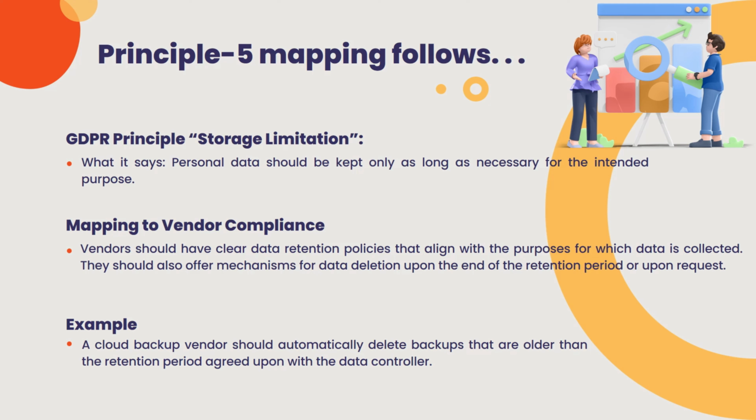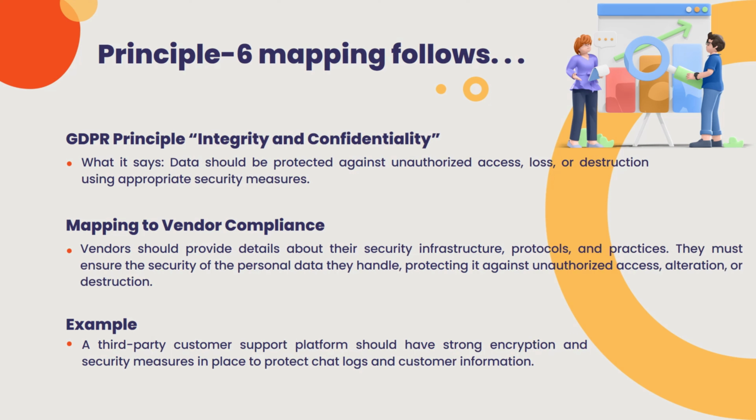All right, let's move on to the next principle, number 6. Integrity and confidentiality. Basically, it is the security part of it. So what it says, data should be protected against unauthorized access, loss, or destruction using appropriate security measures. The security measures may be access control, encryption, or pseudonymization techniques or anonymization techniques, etc. So how to map this? We know vendors should provide details about their security infrastructure.